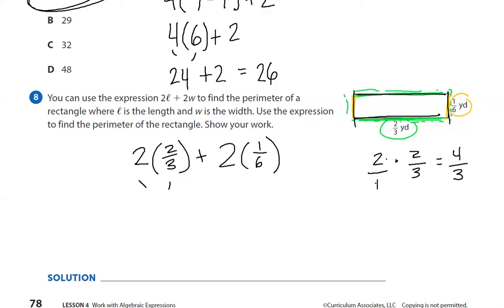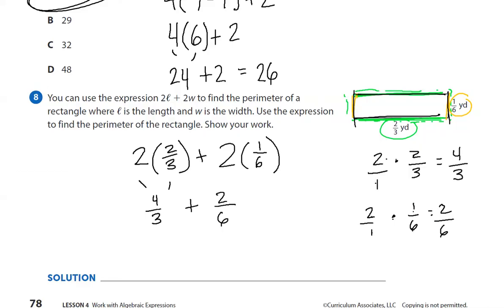So this is 4/3 plus 2 times 1/6. Put a 1 under it. 2 times 1 is 2. 1 times 6 is 6. Plus 2/6.